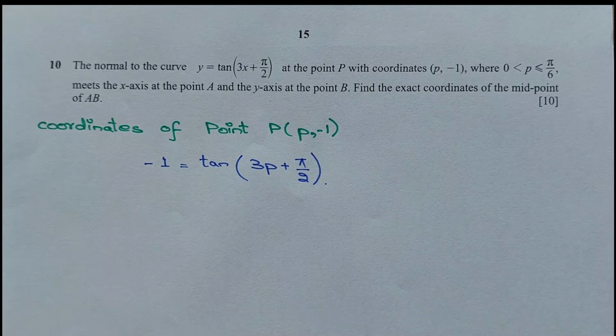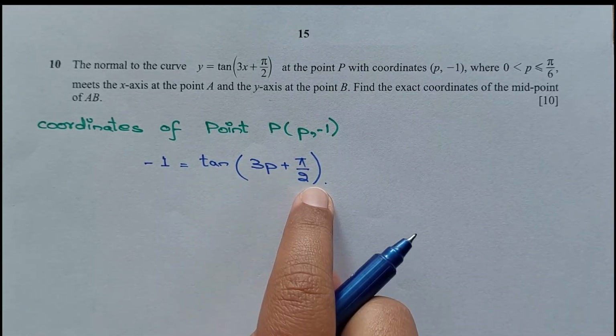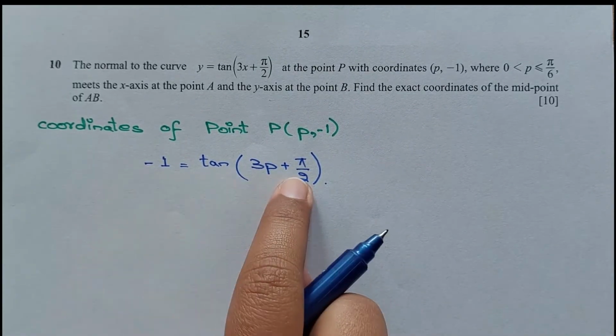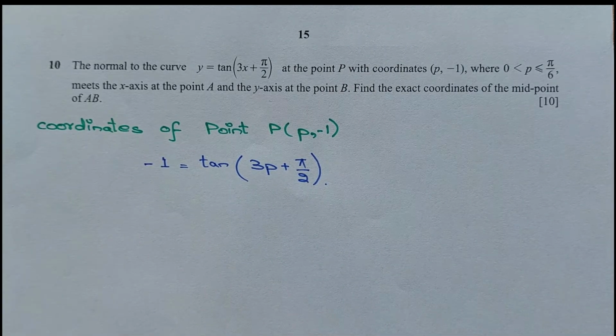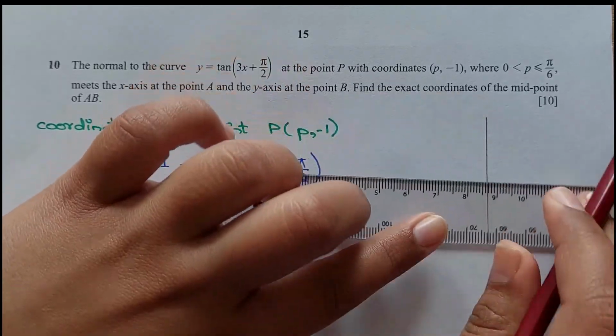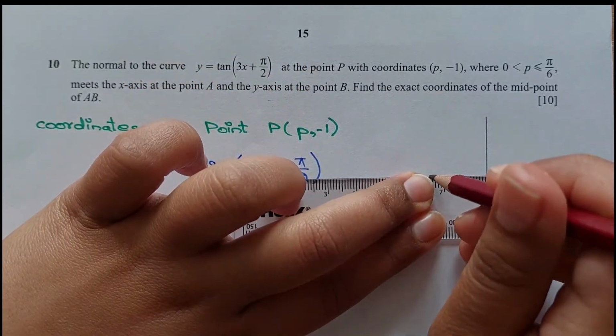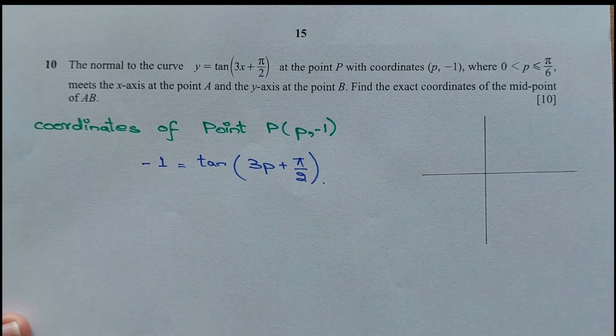Right. So now the tangent, let's say this is theta, right? So tangent theta is negative 1. So we need to check in which quadrant tangent is negative. So let me draw the coordinate system. And P is in pi, right?